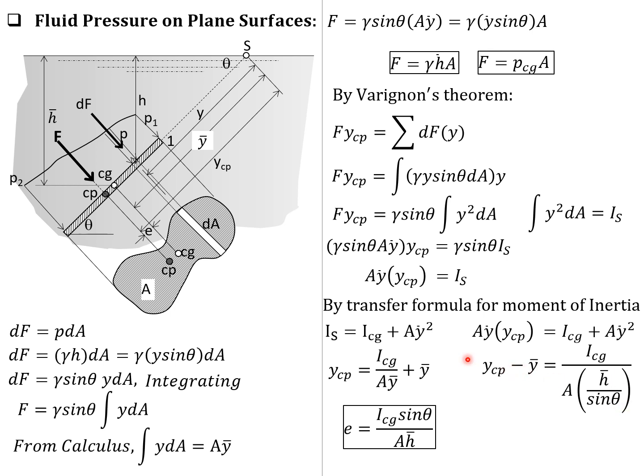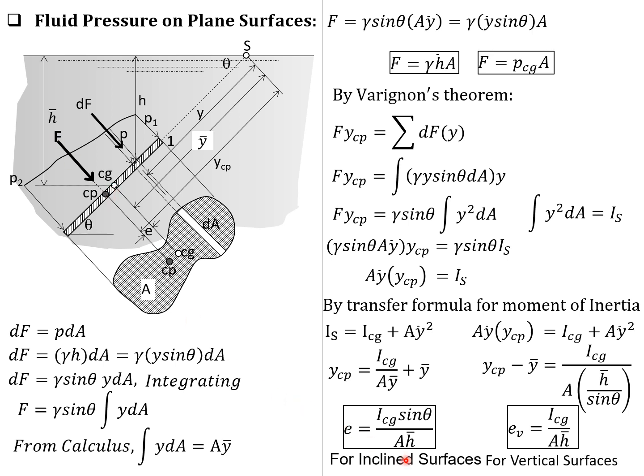So therefore, from the figure, the difference between y sub Cp and ȳ is e, the distance between CG and CP. So e therefore is I sub CG sine theta over area h̄. So this is the practical formula for eccentricity e, or the distance between the centroid of area and the center of pressure.